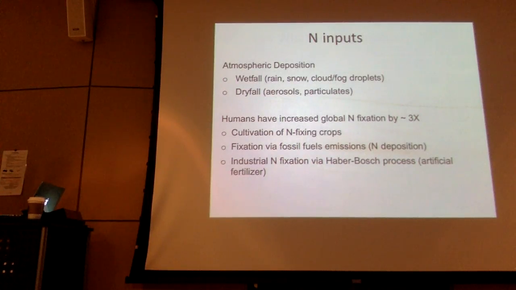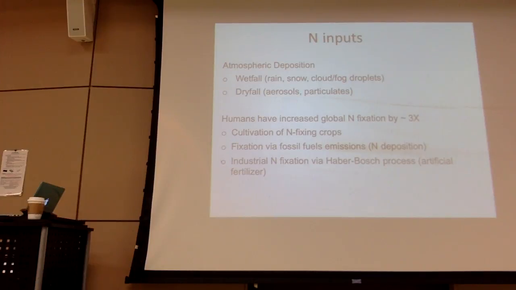All right, we're going to go back to our diagram of pools and fluxes. Remind me what this diagram should look like. What's the big box? Largest box. Soil. Okay, so we've got a big soil box.